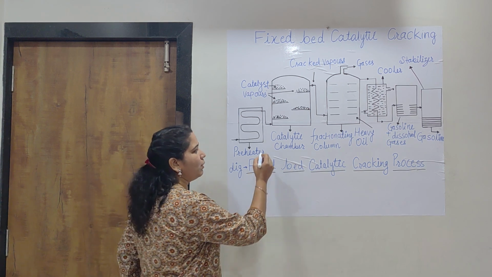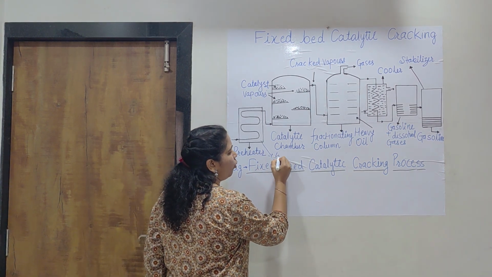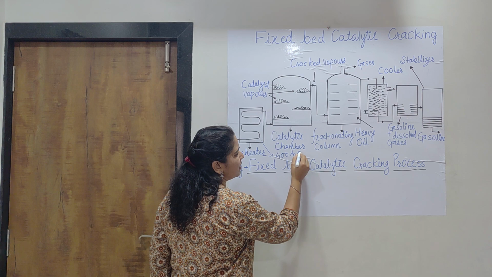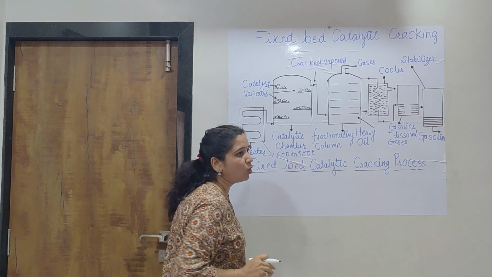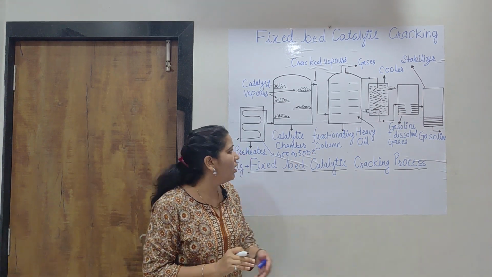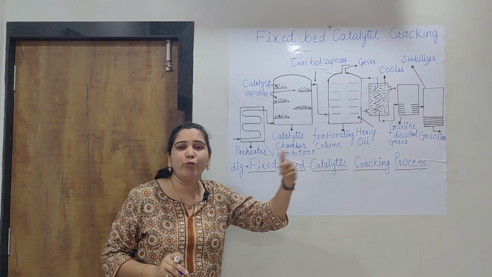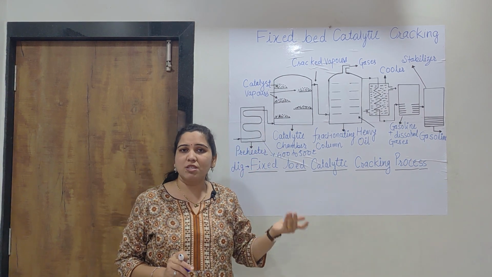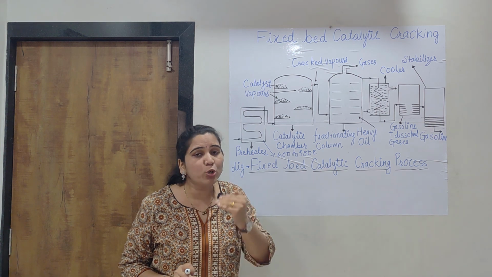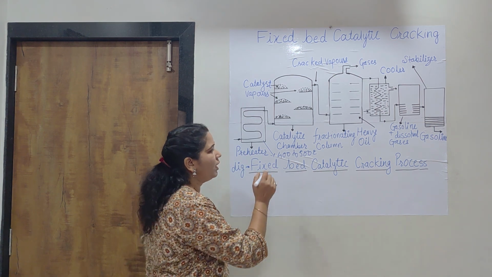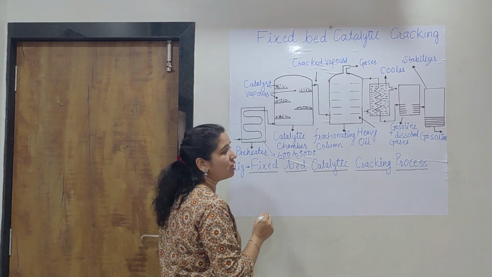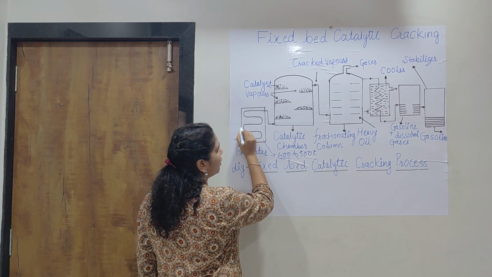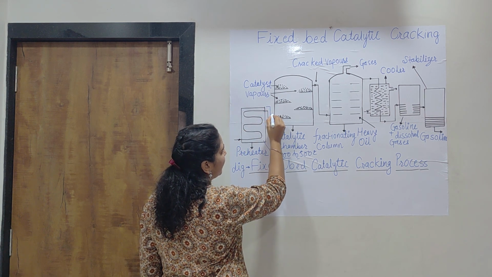Generally in the preheater, the temperature is 400 to 500 degrees Celsius, so that the crude oil or heavy oil charge provided for conversion is converted into vapor state before the process of cracking. Such a temperature is given here. The arrow shown here is towards the cracking process.